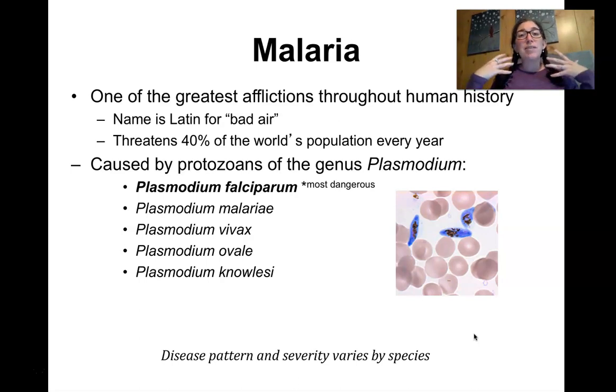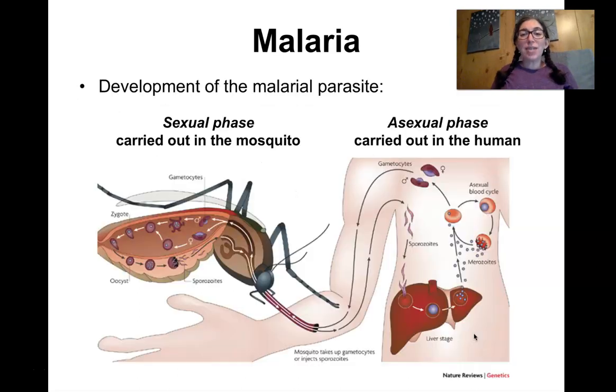They thought that it was an airborne transmission. Even before they knew about germs and germ theory, there was this belief that you get this disease from breathing bad air. But we know now that that's not true. It's from an infectious pathogen, and you get that pathogen from mosquito bites.